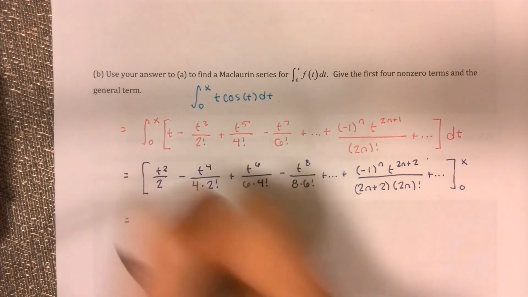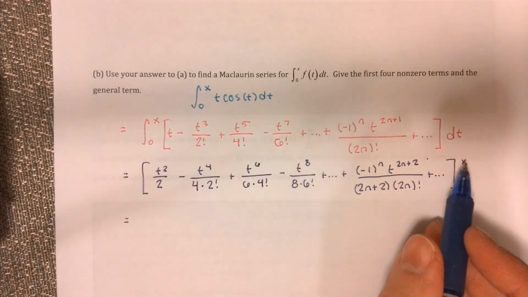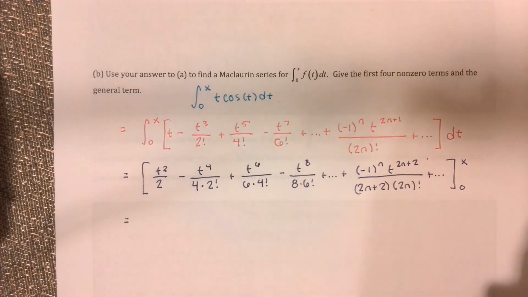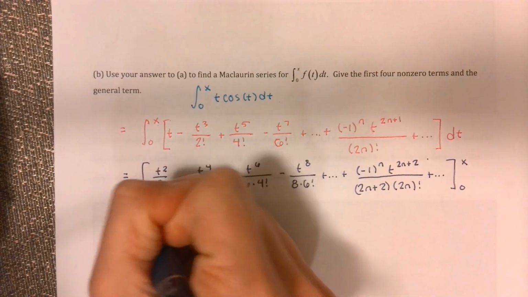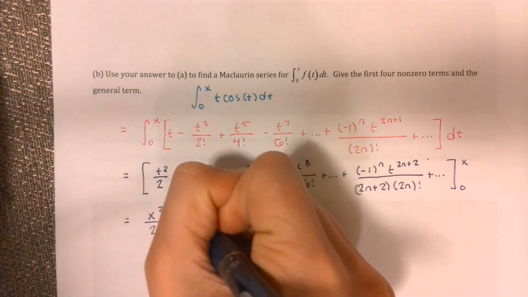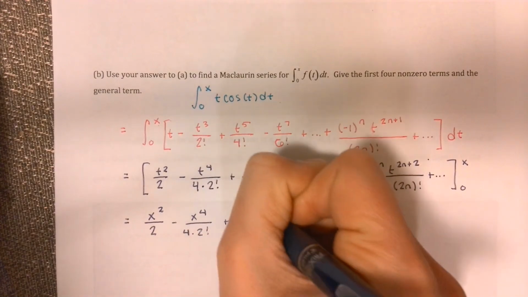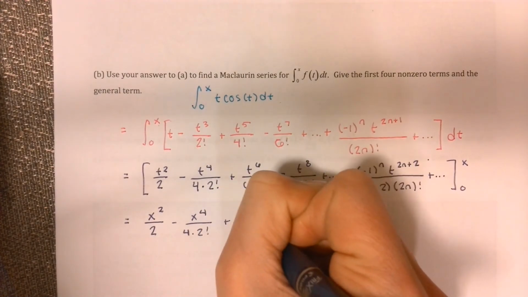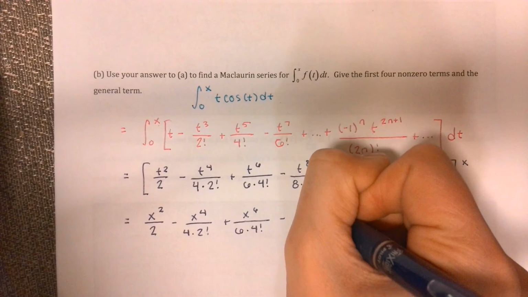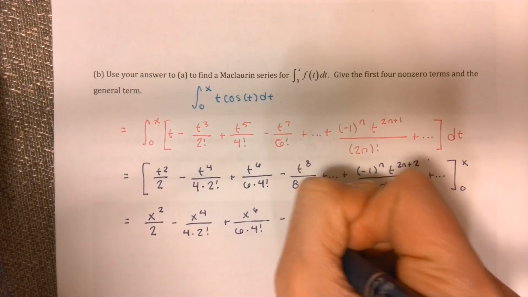Okay, but now, in this case, we sub in x for all of them and subtract when we sub in 0 for all of them. So when I sub in x, I get x squared over 2 minus x to the 4th over 4 times 2 factorial plus x to the 6th over 6 times 4 factorial minus x to the 8th over 8 times 6 factorial.